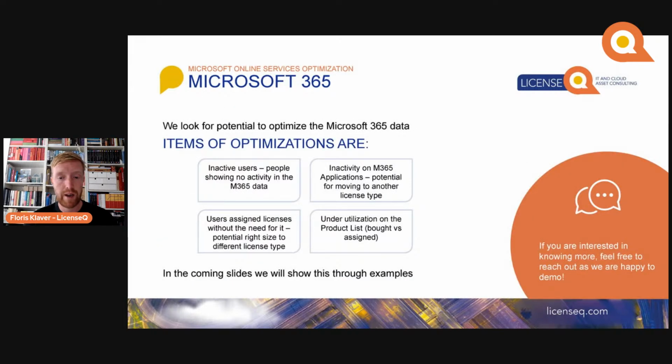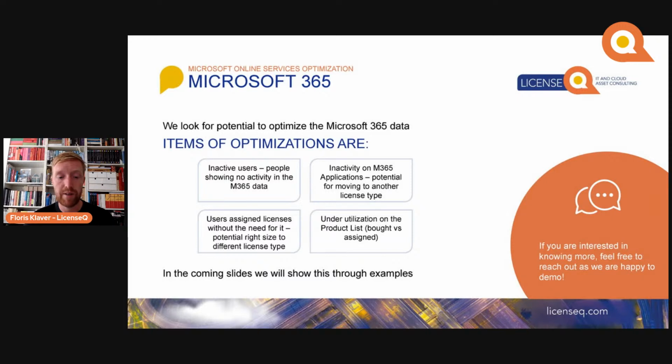So if we look at item number 1, so optimization potential by identifying clutter in your Microsoft 365 environment, we often look for these 4 key areas. Inactive users, people showing no activity at all in the M365 data.